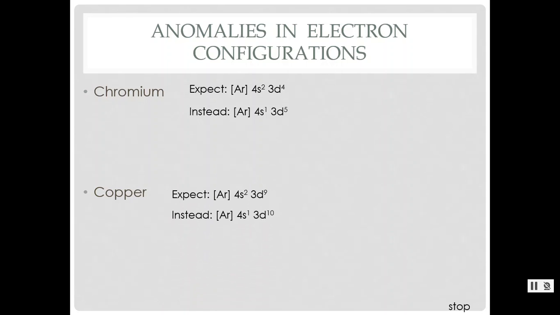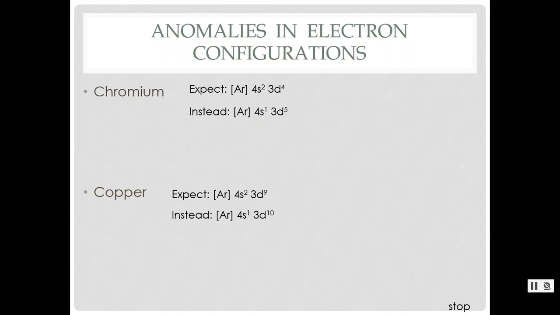But instead, you would find in your chemistry book or in any chemistry book that instead of 2 4s electrons, we have 1 4s electron and 10 3d electrons. So what is up with that? Why in these two elements is one valence electron transferred to the 3d orbital?